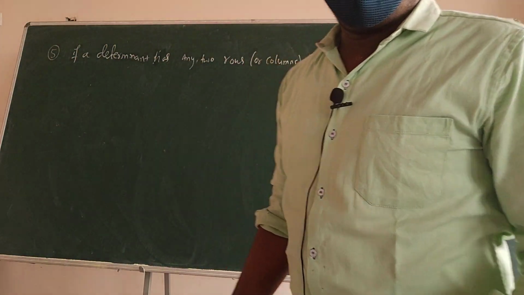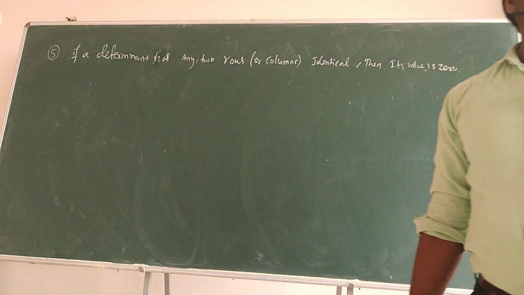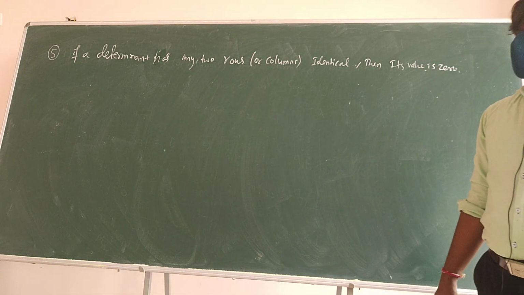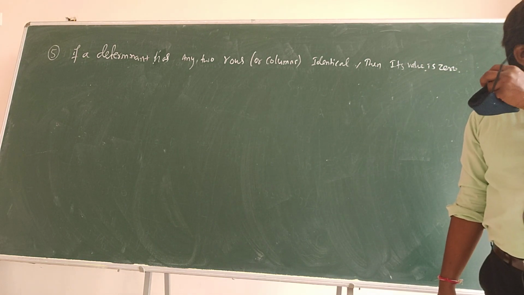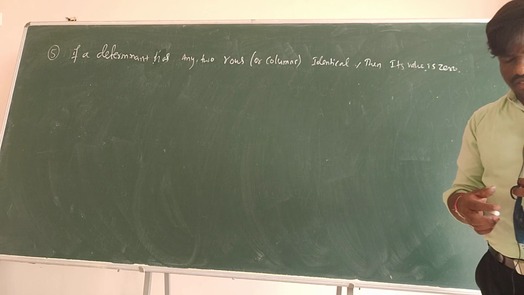Next point is, if a determinant has any two rows or any two columns identical, then that value is 0. Okay, that value is 0.